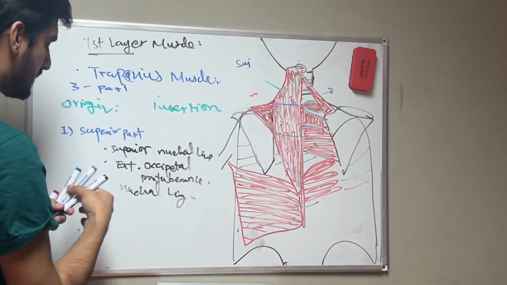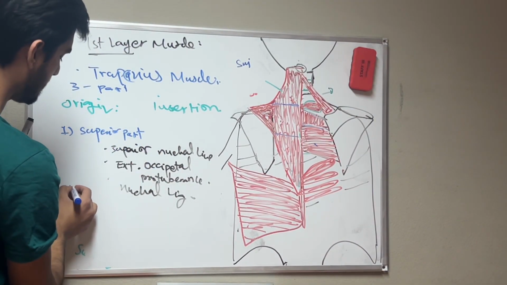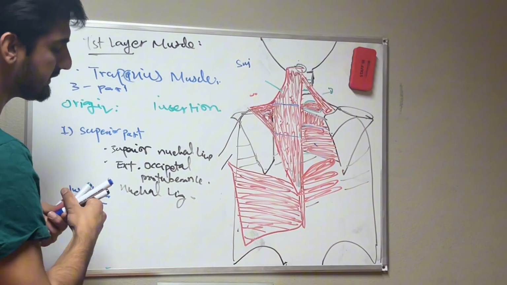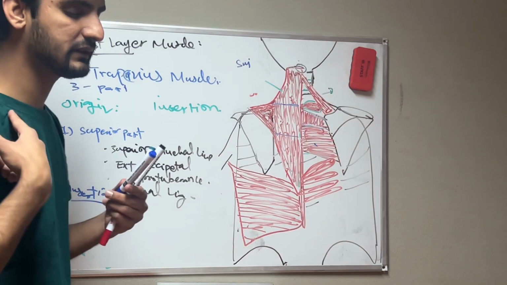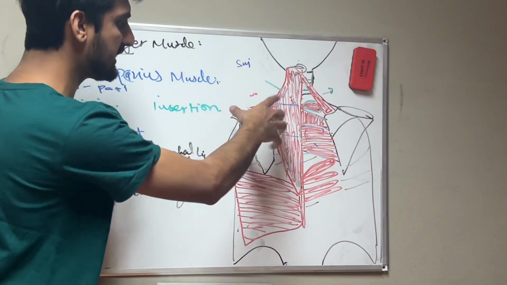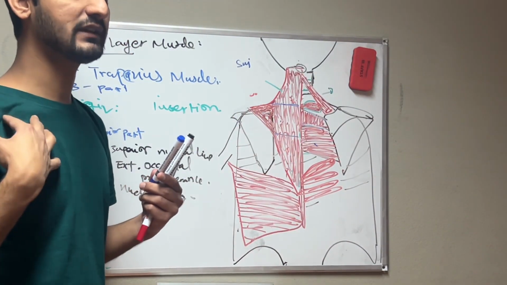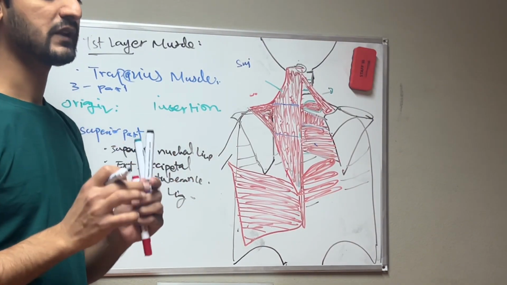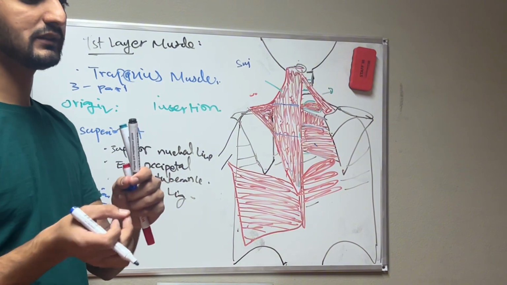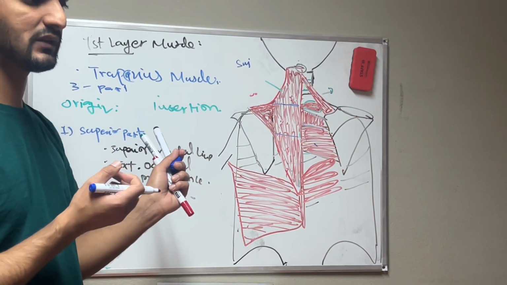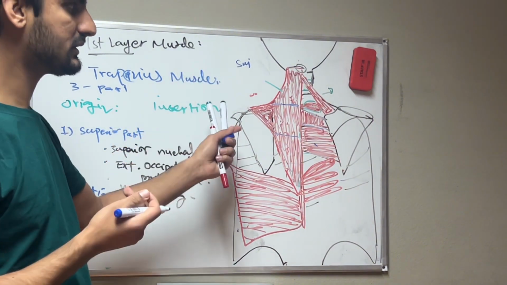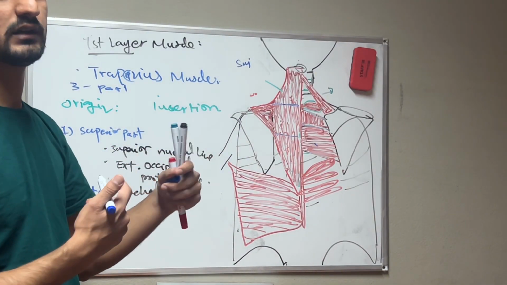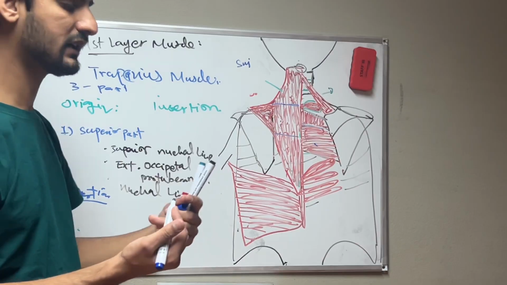Insertion of the superior part, where is it inserted? Okay, if you know, when we discussed the clavicle bone, because this is the back side and here we have the front side, we have the clavicle bone, and we know in the clavicle bone we have two ends, one is the sternal end, sternoclavicular end, and one is the acromioclavicular end.